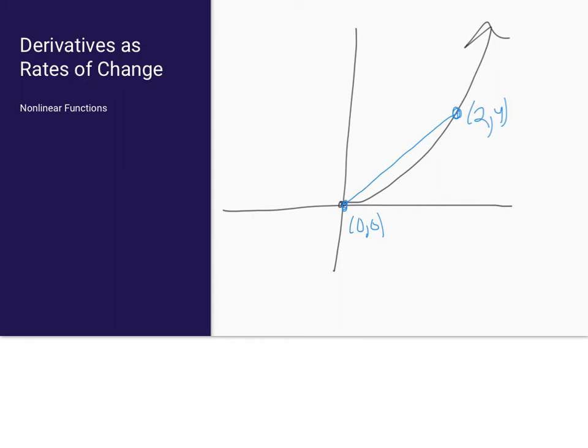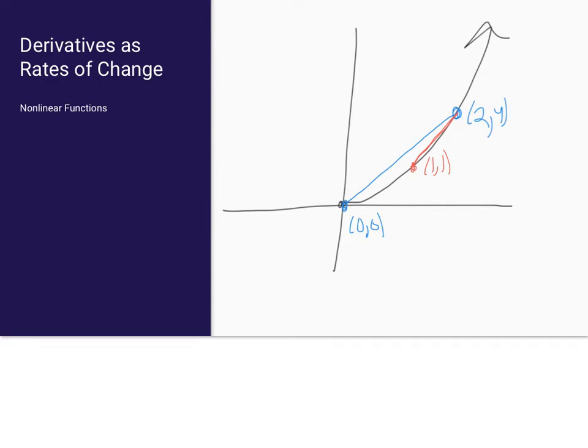So now I'm going to take (0, 0), and I'm going to move it up here to (1, 1). And I'll redraw my secant line. Notice my secant line is a lot closer to my curve now. And if I recompute the average rate of change, I end up with 3 instead of with 2. So it's larger than it used to be.